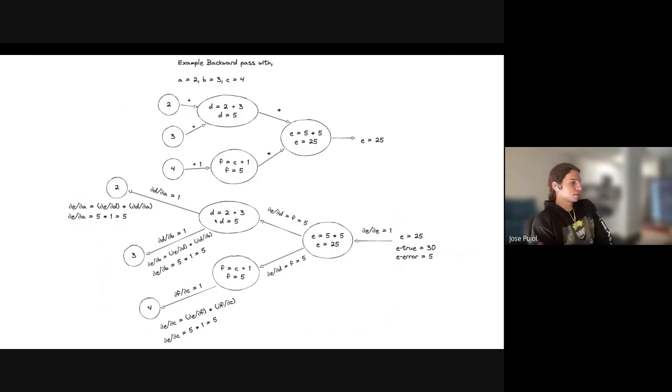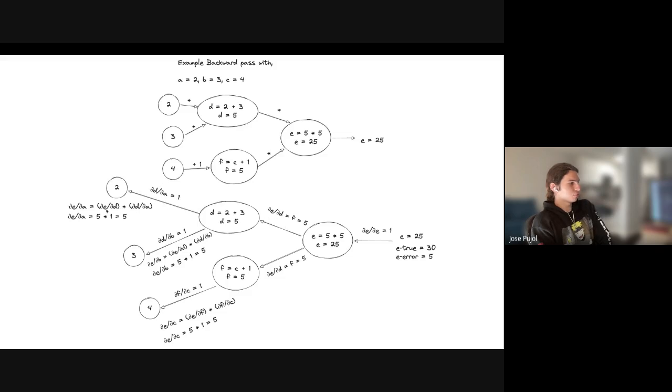So just taking this route as an example, the partial derivative of D with respect to A is 1. Again, this is why we need backpropagation. In order for you to calculate the derivative of E all the way at the end with regards to A, it's the partial derivative of E with regards to D, this one, and the partial derivative of D with regards to A, which is this one.